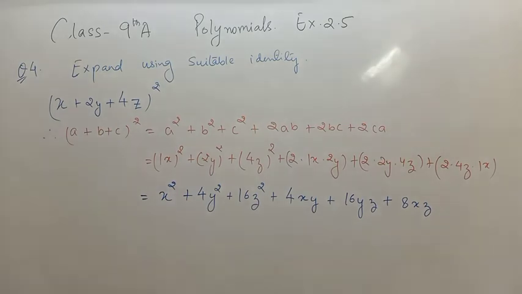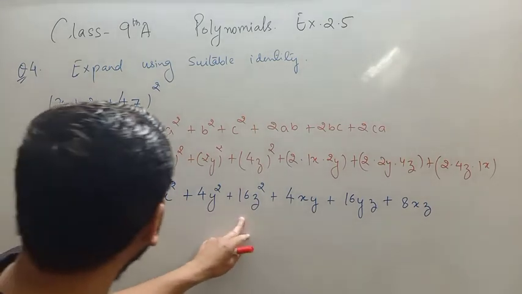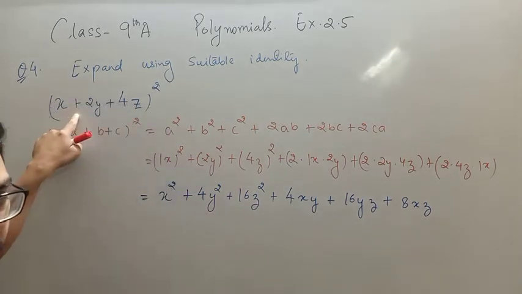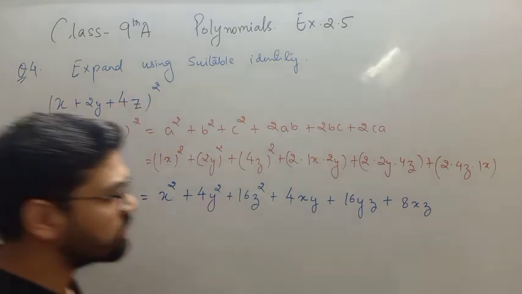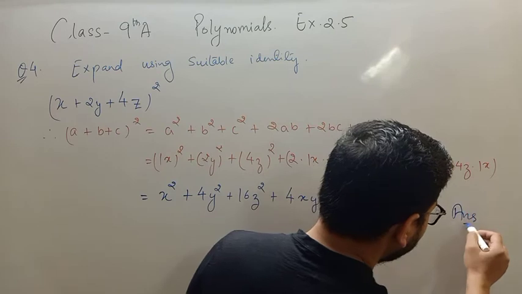Okay, so this is the expansion of this algebraic expression (x + 2y + 4z) square. So this is its expansion. Okay, please note it down fast.